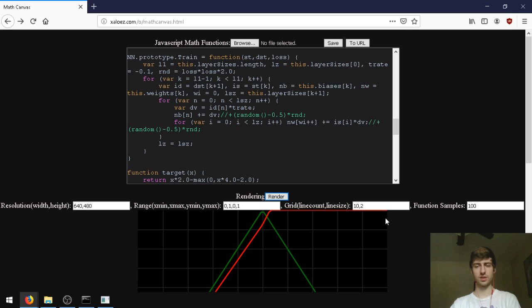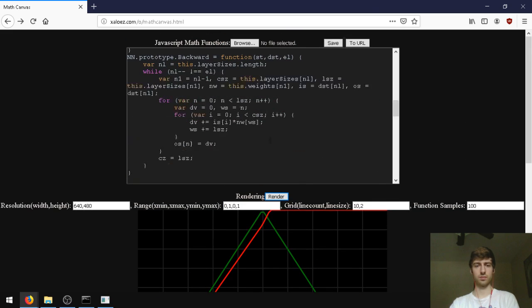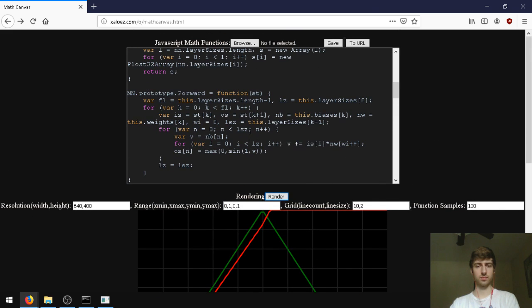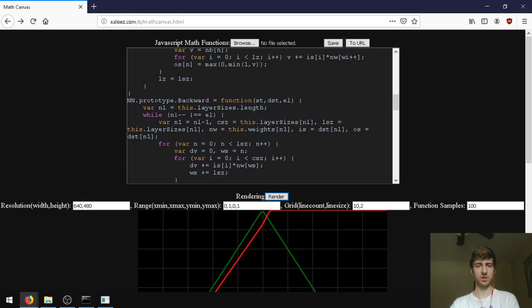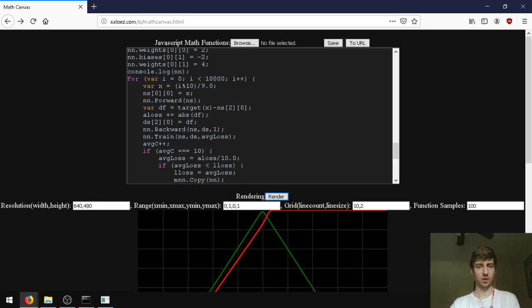So this is supposed to be pulling down negative. Let's see, the backward part, or actually this part right here, the target minus the output.